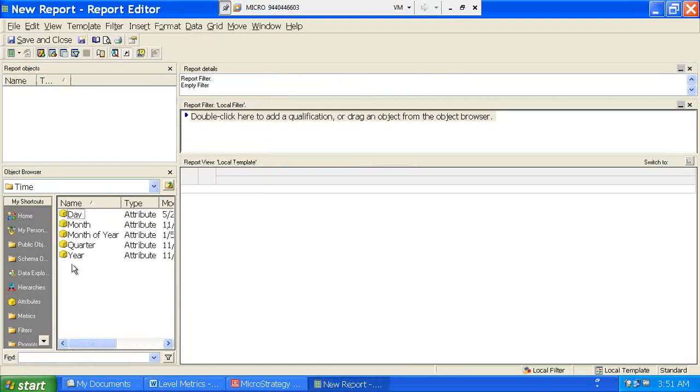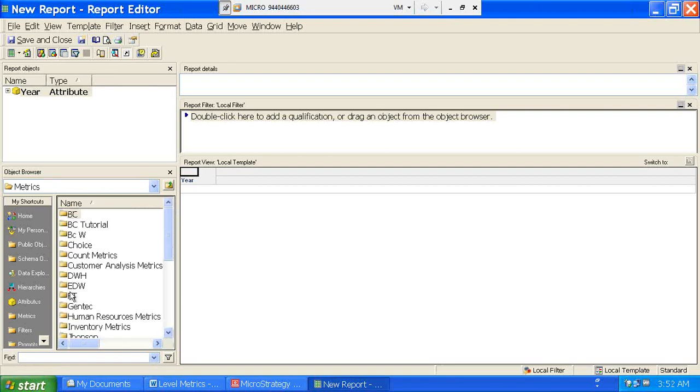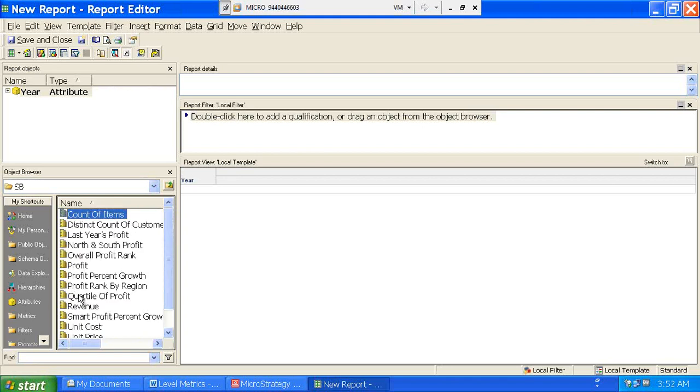Now see, for example, I am placing here my metric revenue, which I already showed you, it is at report level. Now run the report.